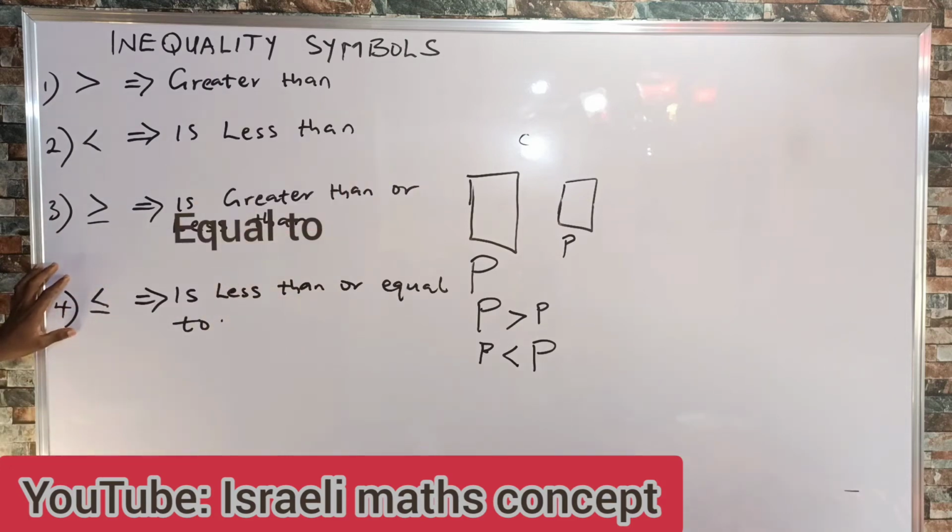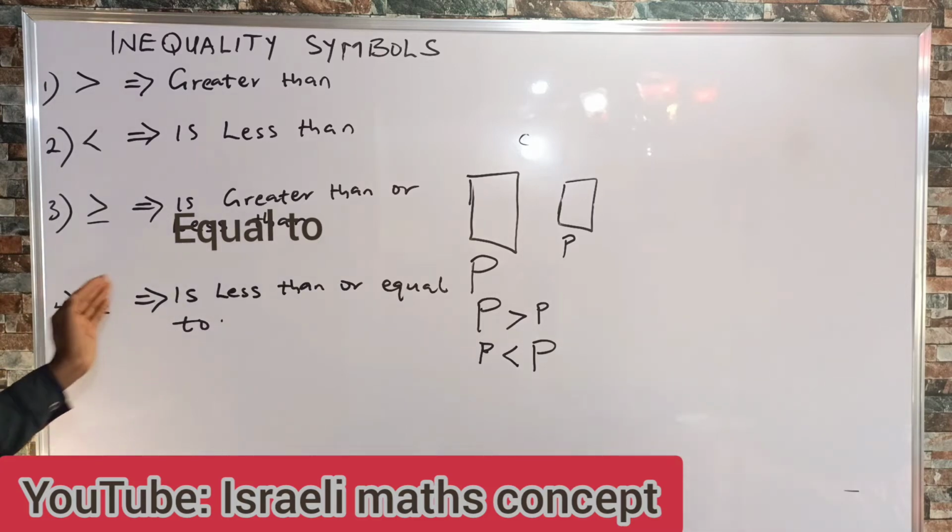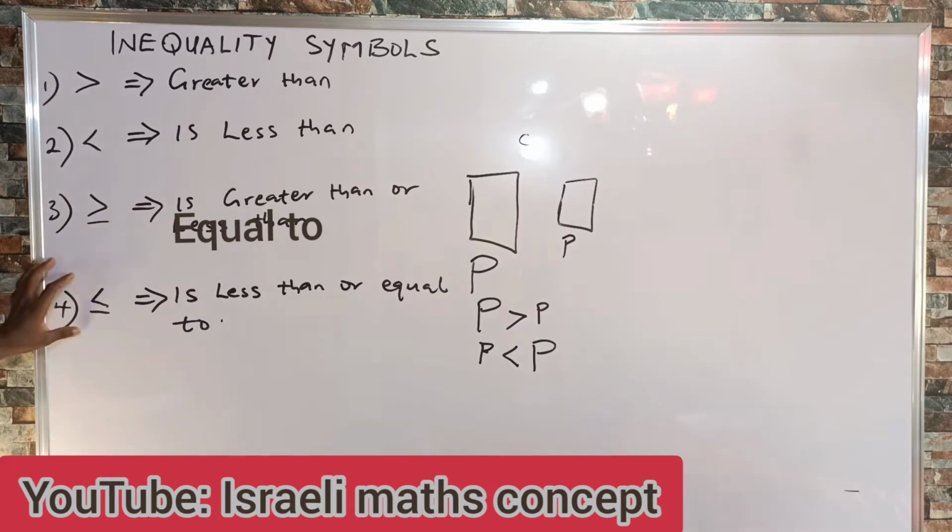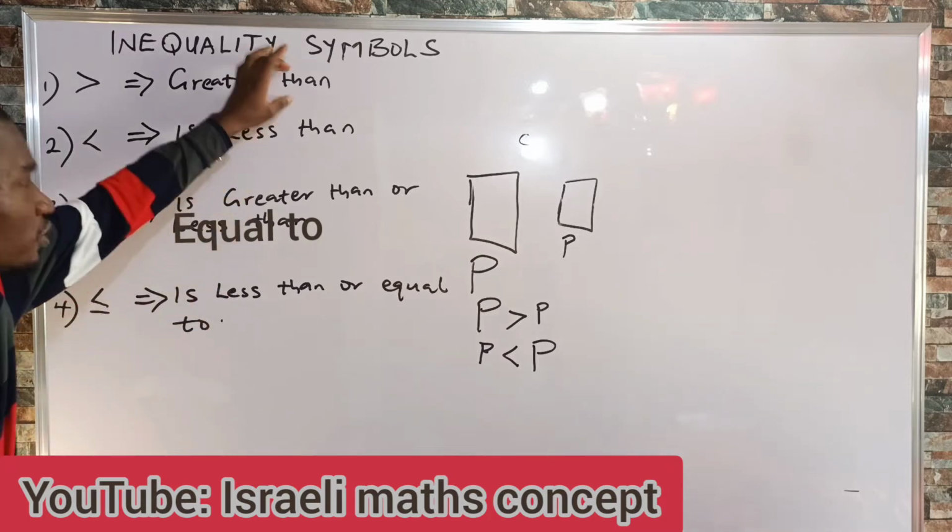Then for number 4, which is less than or equal to, you conversely take a value from exactly the number you are given and below. That is the interpretation of number 4 and number 3 respectively. But I'm going to throw further light on how we can apply this. Let me start from the first instance.